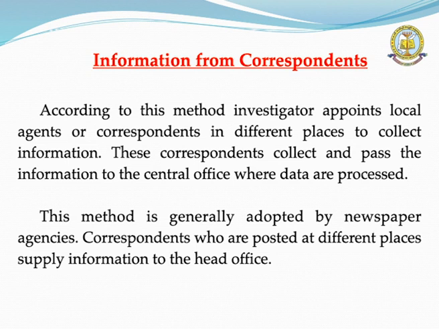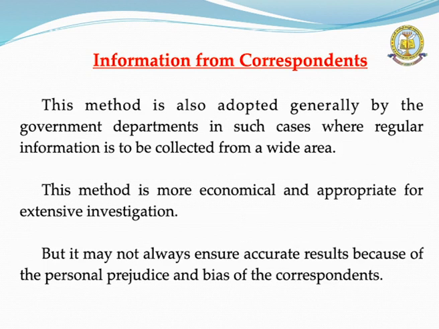Correspondents who are posted at different places supply information to the head office. This method is also generally adopted by government departments in such cases where regular information is to be collected from a wide area. This method is more economical and appropriate for investigation, but it may not always ensure accurate results because of the personal prejudice and bias of correspondents.